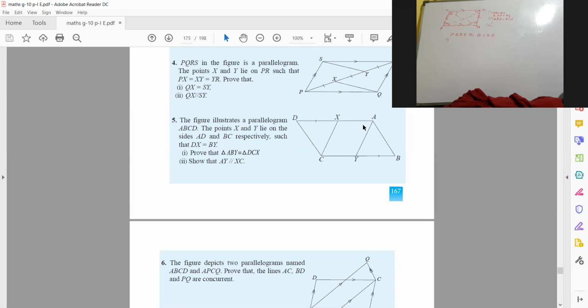For the proof question, you can mark it yourself. I will do it on the board. You can see whether it's correct by yourself.